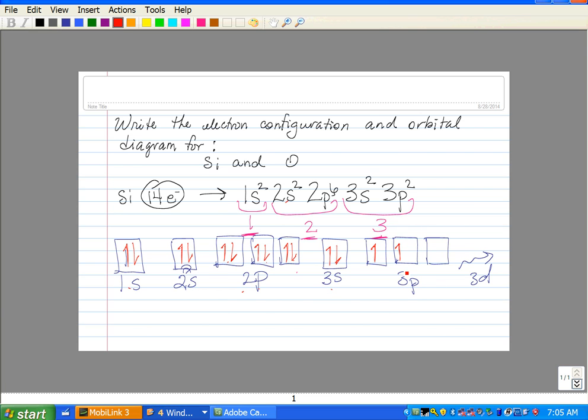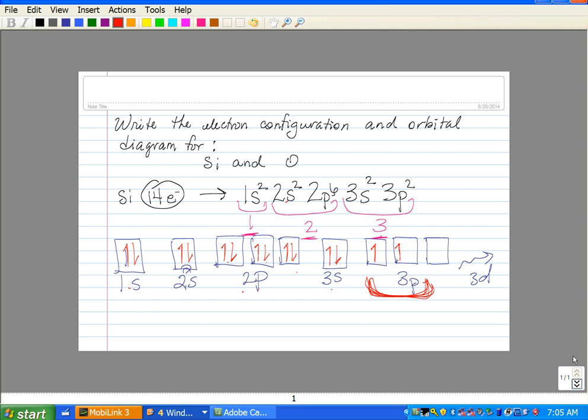What is different from the electron configuration is that we can see how these electrons exist. We can see that these are 2 unpaired electrons. And we'll get into all of that later on as we get into the chapter. But this is how the relationship between electron configuration and the orbital diagram looks.